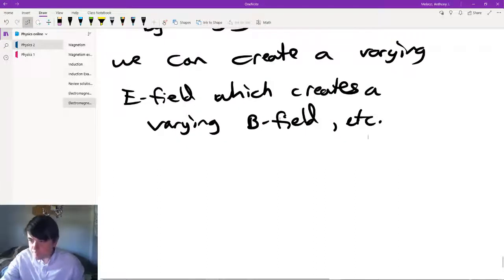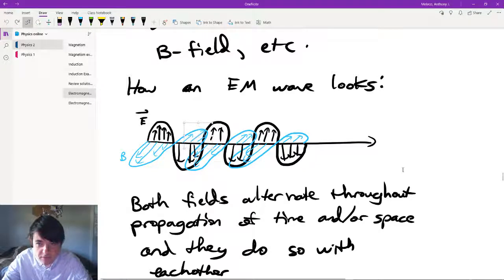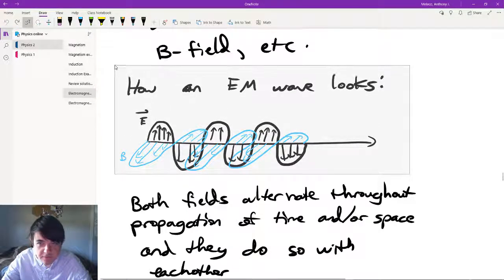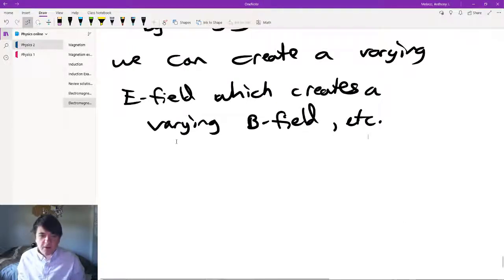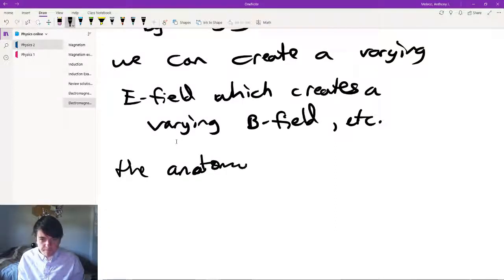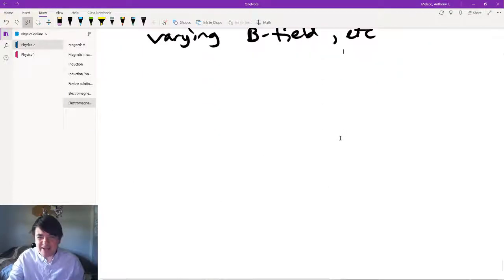Alright. That's kind of what the other one was on. I'm just going to see if I can recopy this. So this is how an E field, so we already did the anatomy of a regular wave.